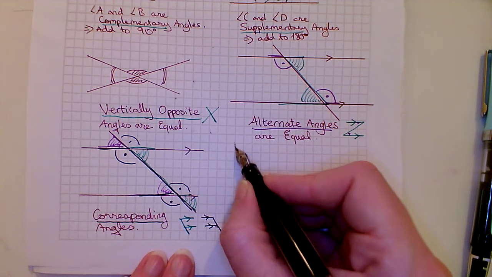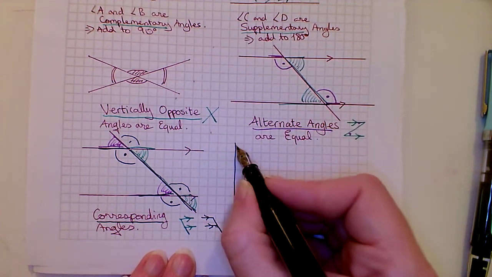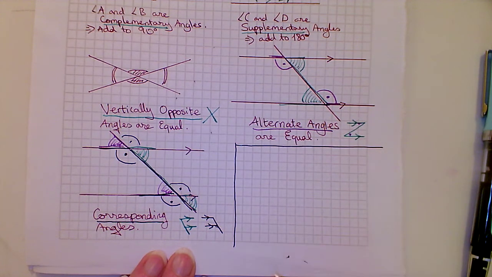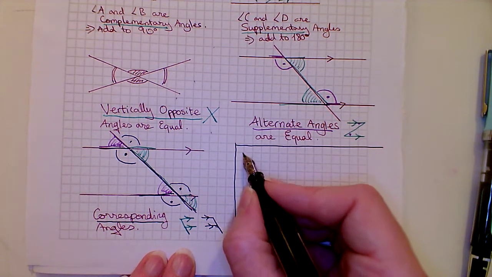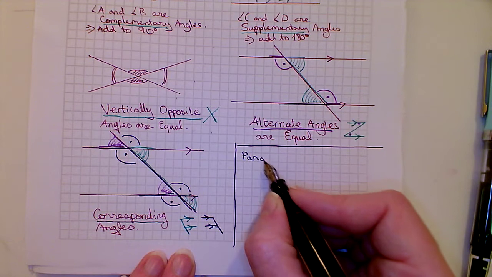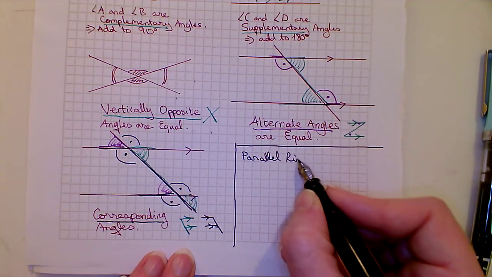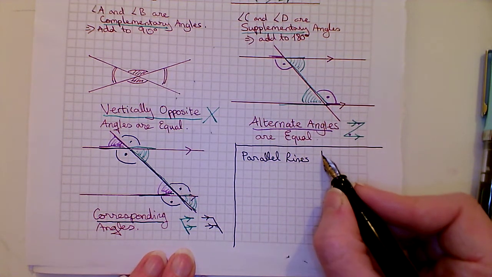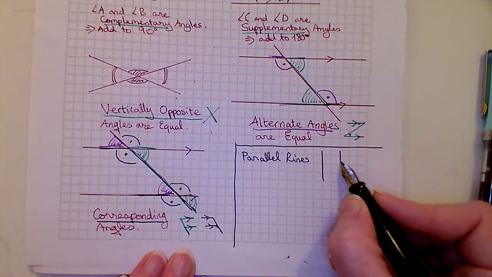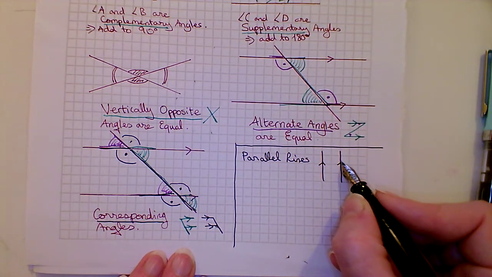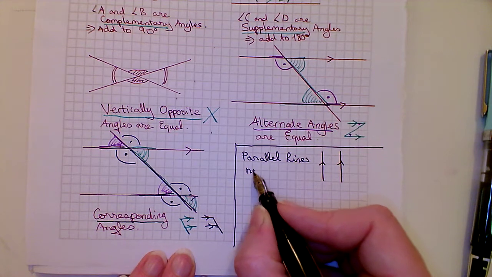The last thing for this class, and then we'll do the second class in a separate video, is just to remind us of these words. So parallel lines are lines where the distance between them is the same all the time. They never meet.